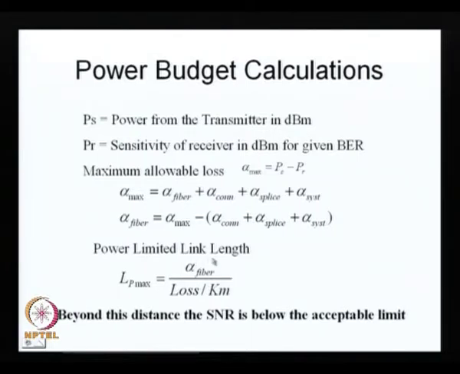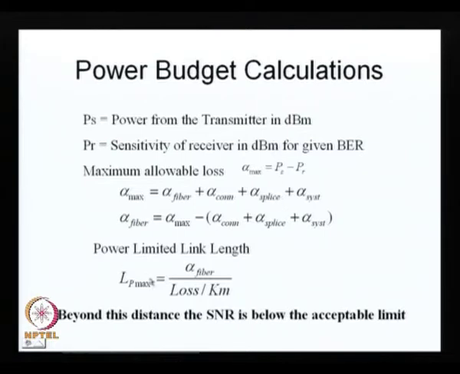Once I know that quantity, alpha fiber, if I divide it by the attenuation constant of the fiber, which is loss per kilometer, we get the maximum possible length over which the system will behave satisfactorily.